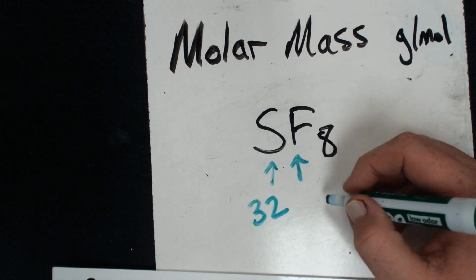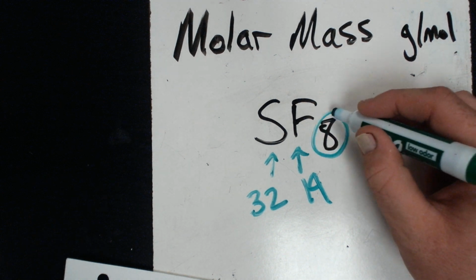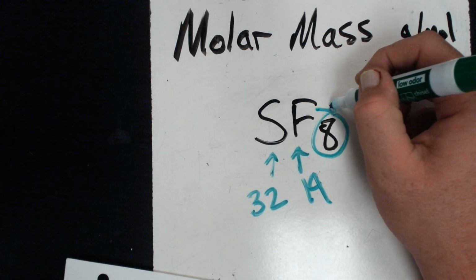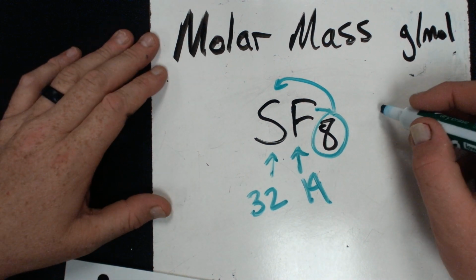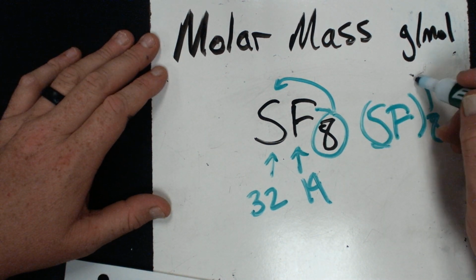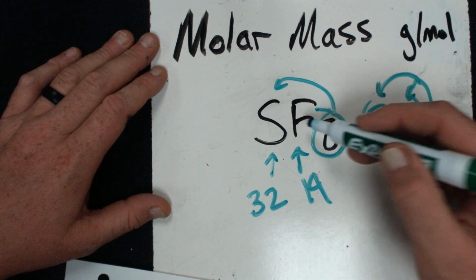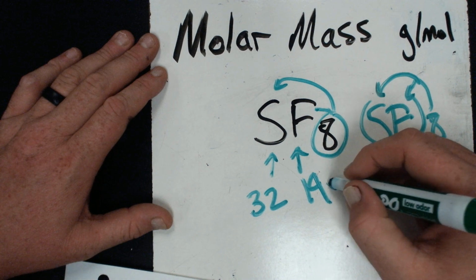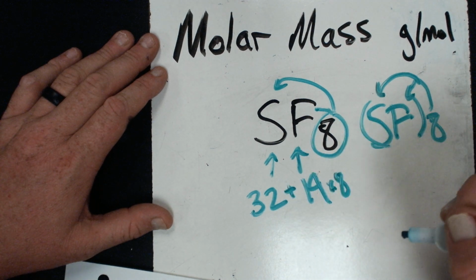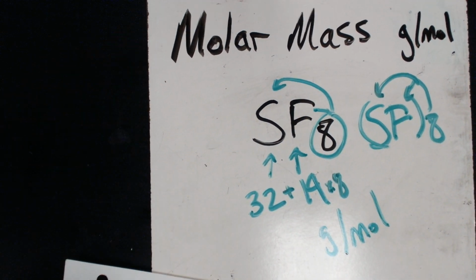F is 19. But there are 8 Fs. There are not 8 sulfurs. If this looked like this, now there would be 8 fluorines and 8 sulfurs. But because there's no parentheses, the 8 only deals with the F. So I would do 19 times 8, add that to 32, and that would give me my molar mass.